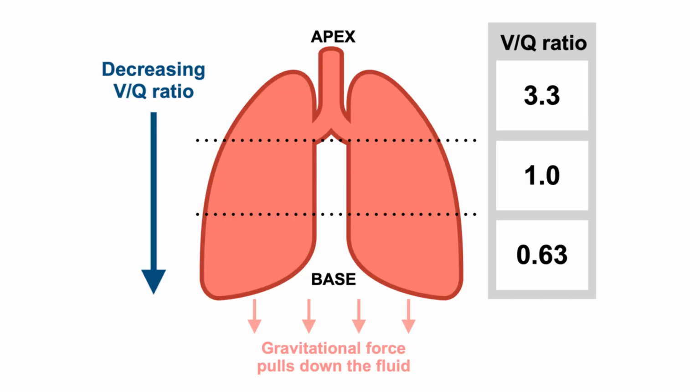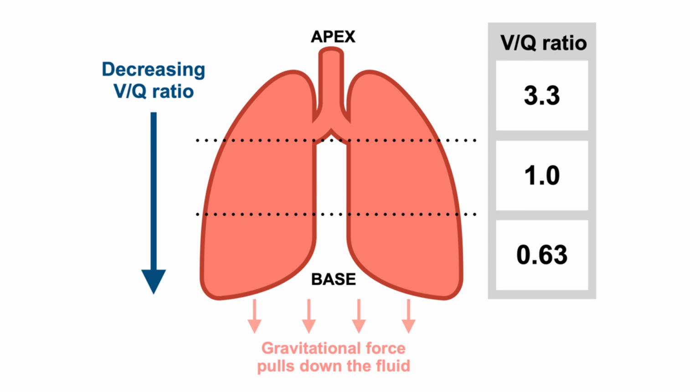These are John West's lung zones. If you see at the top, we have a zone where there's a high VQ mismatch of 3.3, and this is where we have regional overventilation or underperfusion, and we're effectively wasting ventilation. At the bottom zone, where we have a VQ of 0.63, we have regional overperfusion or underventilation, and this results in impaired oxygenation.